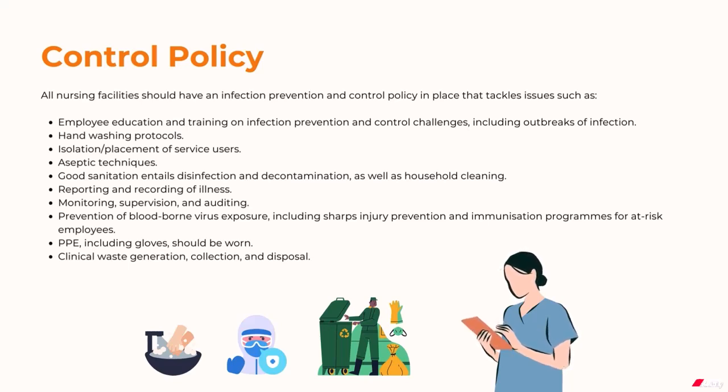Good sanitation entails disinfection and decontamination as well as household cleaning, reporting and recording of illness, monitoring, supervision and auditing, prevention of blood-borne virus exposure, including sharps injury prevention and immunization programs for at-risk employees.